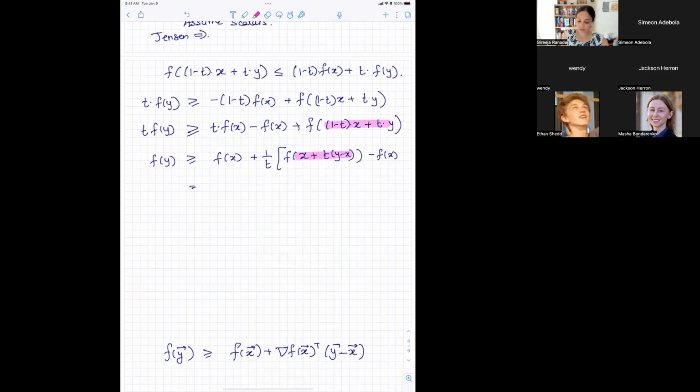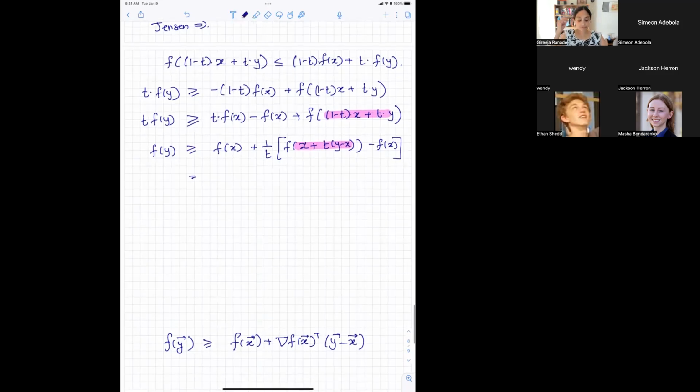This term is exactly equal to this term. I'm just trying to make this look like a derivative. And now I definitely want to take some kind of limit. So let's remind ourselves, what is the definition of f prime of x?